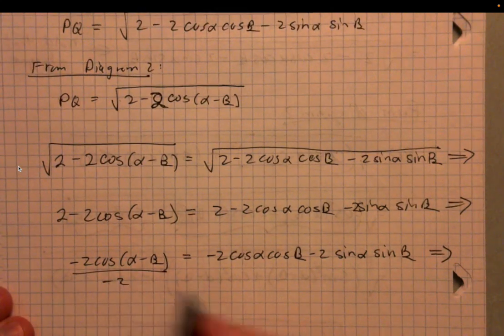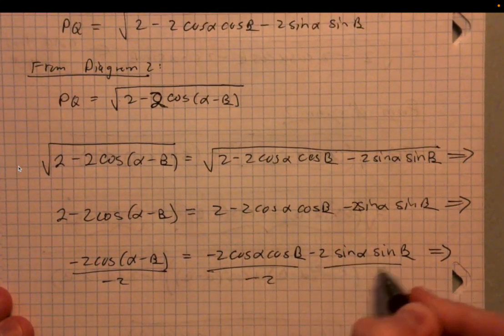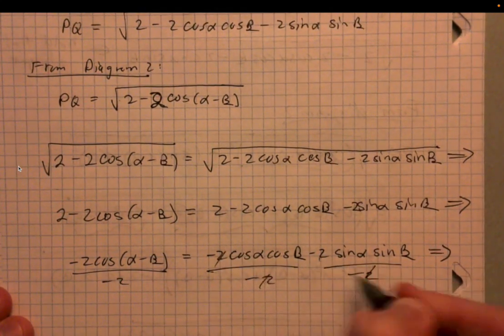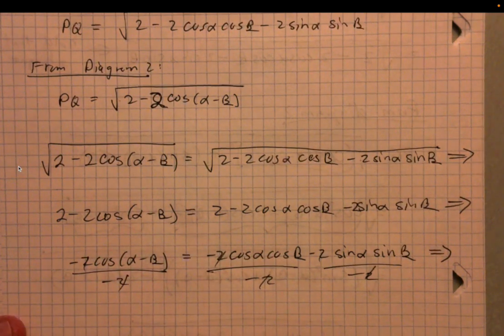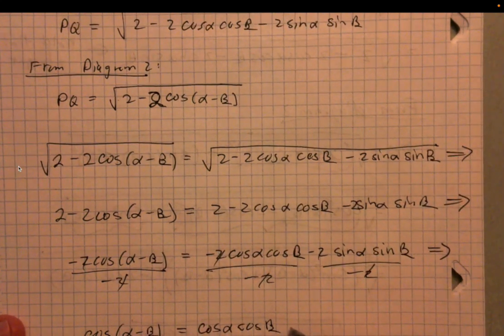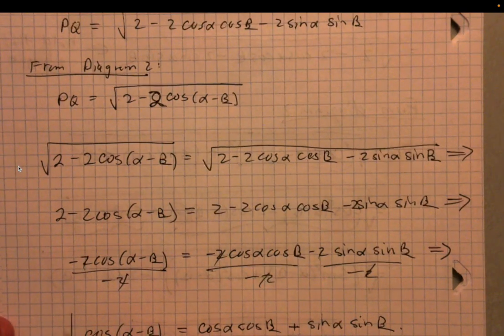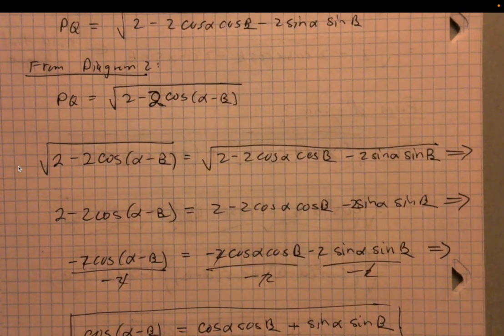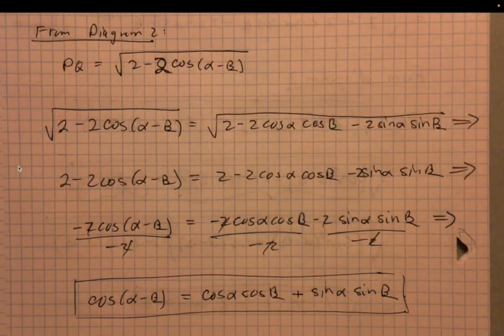So if you think about that, everything cancels away, right? And then I get cos alpha minus beta equals cos alpha cos beta minus, or plus, because I'm dividing by negative 2, plus sine alpha sine beta, right? And so this is the difference formula for cosine, right?